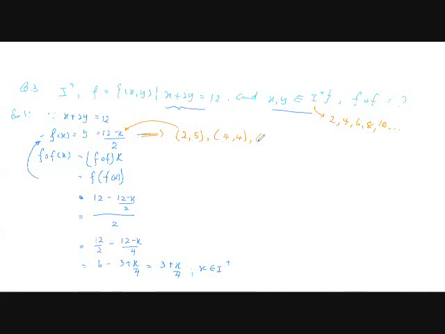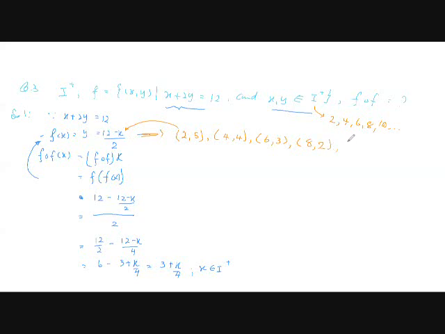And so on, continue. If x equals 6, 12 minus 6 becomes 6, divided by 2 becomes 3. And continue. If x equals 8, 12 minus 8 is 4, 4 divided by 2 becomes 2.